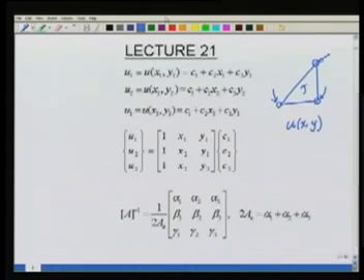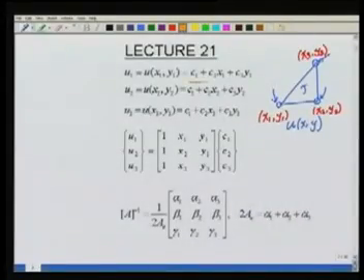The nodes of the element have coordinates x1, y1, x2, y2 and x3, y3. So we want a representation of the function at these nodes. So the value of the function at these nodes is u at x1, y1, u at x2, y2, u at x3, y3.